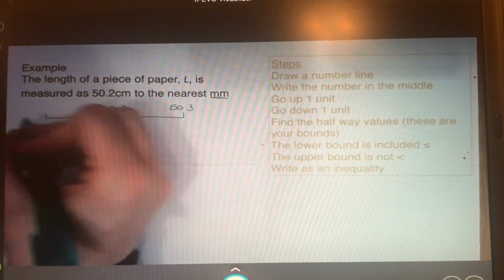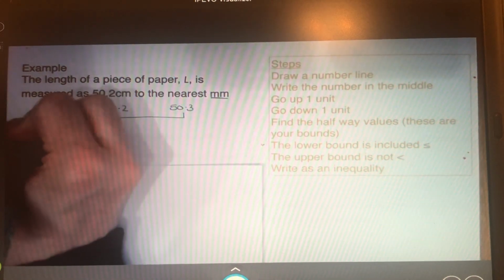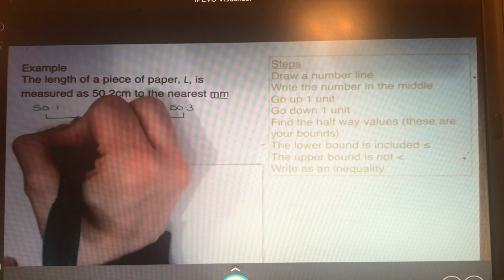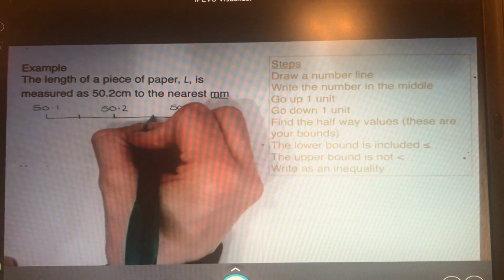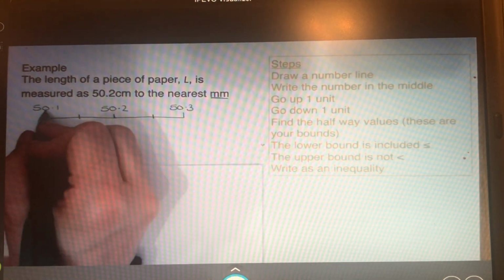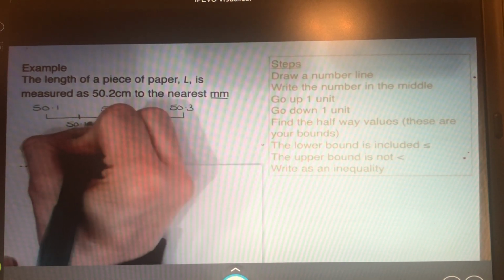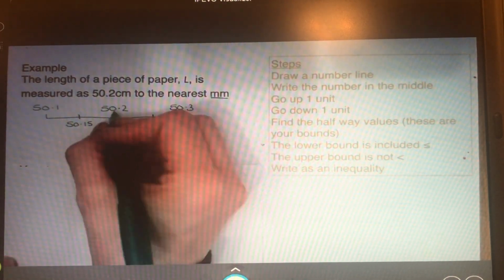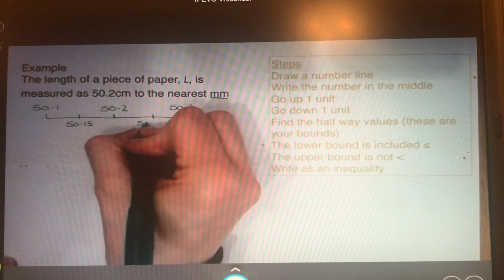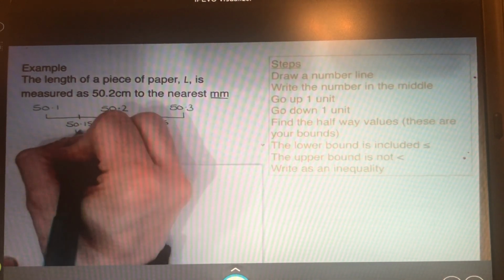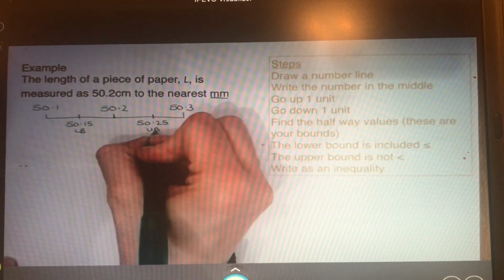I go down 1 unit, which gives me 50.1. And then I find my halfway values. So halfway between 50.1 and 50.2 is 50.15. Halfway between these two is 50.25. This is my lower bound, this is my upper bound.